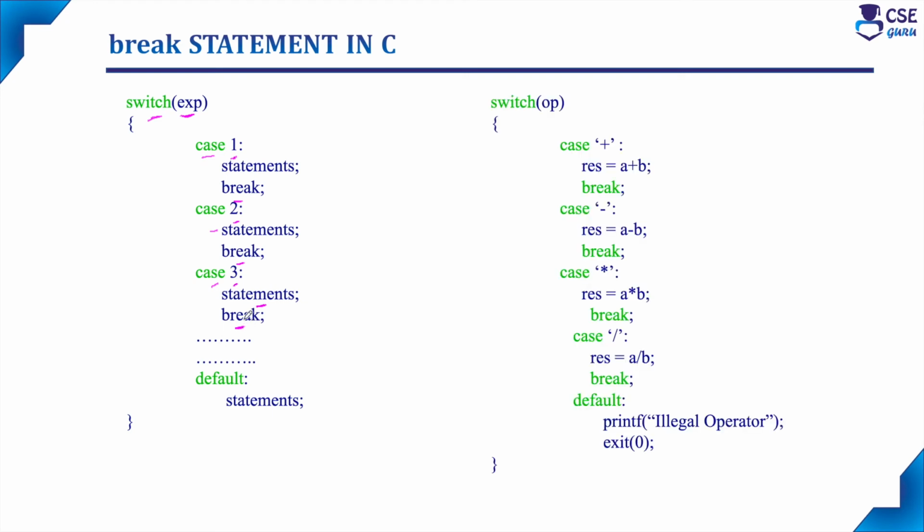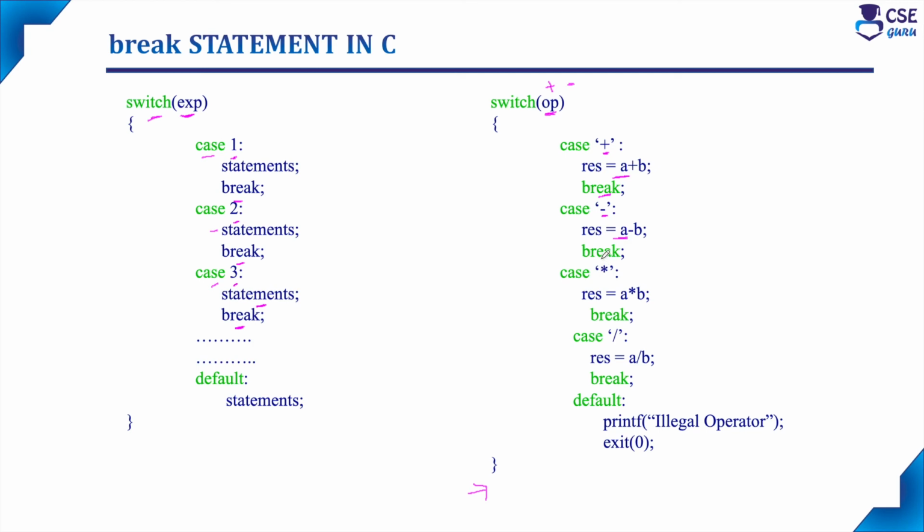For example, we have already discussed this example in the switch statement. Switch operator: if the operator is plus, meaning addition, this case block will match and this statement will execute. After executing this statement, it will break from this case block, and the control will be transferred out of the switch statement. If the operator is minus, the corresponding case will match, and it will execute this statement.